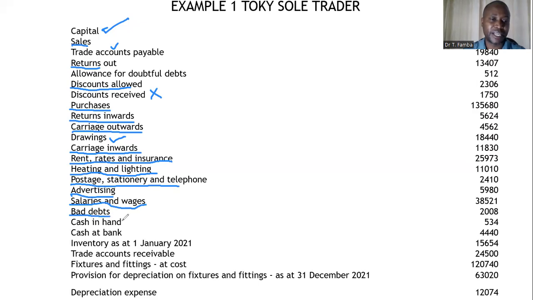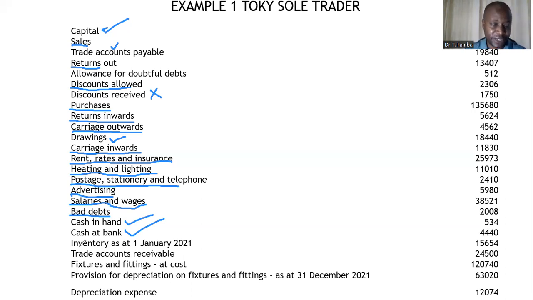So we have cash in hand. Sometimes we have cash in the cash box or in the safe, and we may also have cash in the bank. But this cash is an asset because we can use it in the future. We can use it now, but we can also use it in the future.